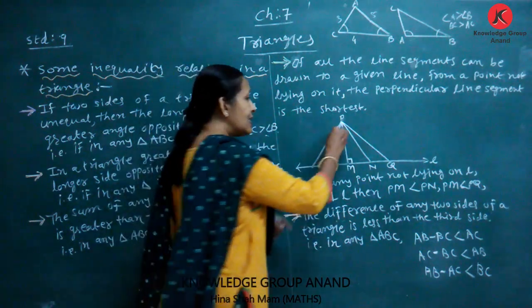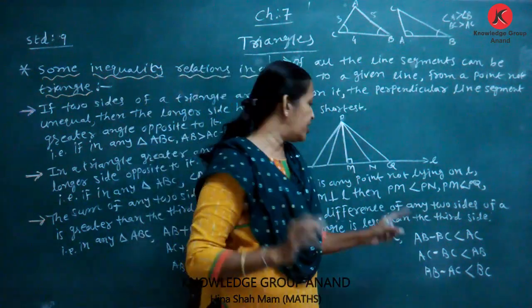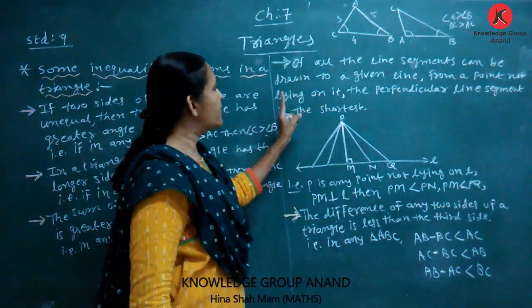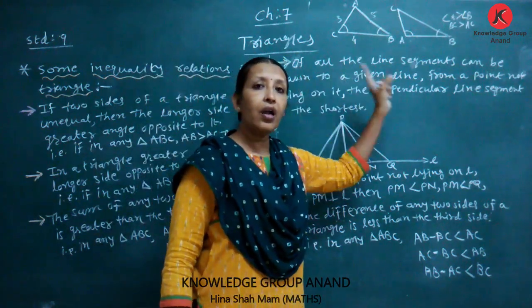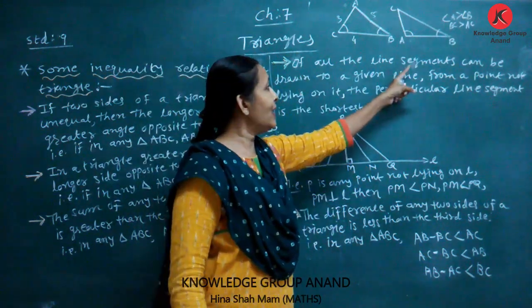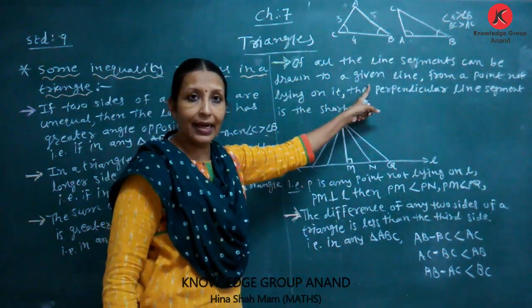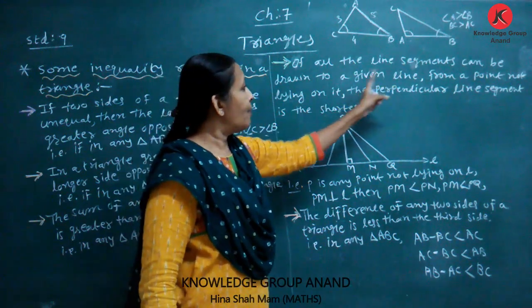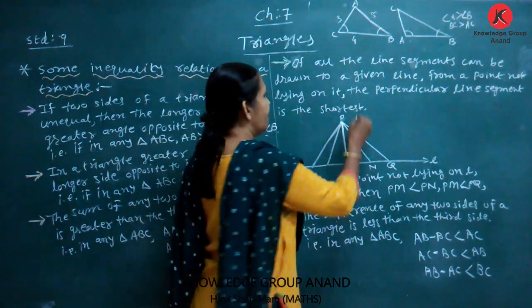This perpendicular is the shortest distance. Therefore, of all the line segments that can be drawn to a given line from a point not lying on it, the perpendicular line segment is the shortest.